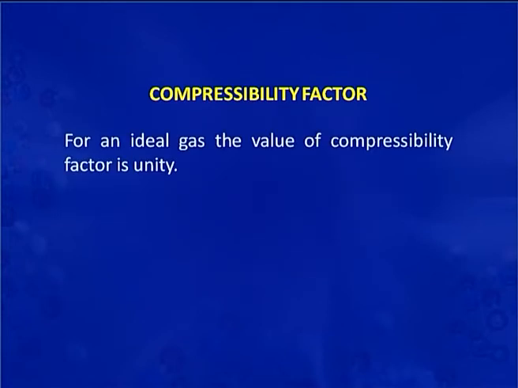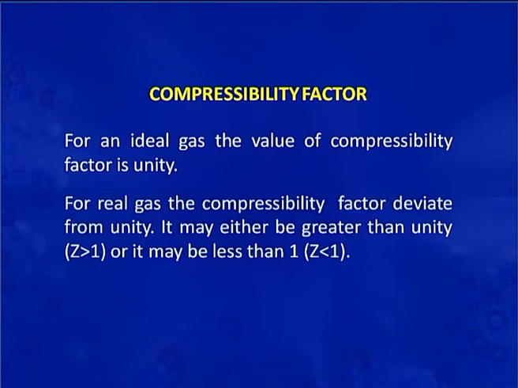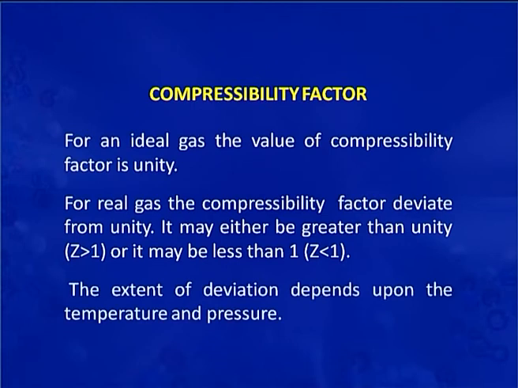For ideal gas, the value of compressibility factor is always unity, and for real gas, the compressibility factor always deviates from unity. It may be greater than 1 or less than 1, and this extent of deviation directly depends upon the temperature and pressure.